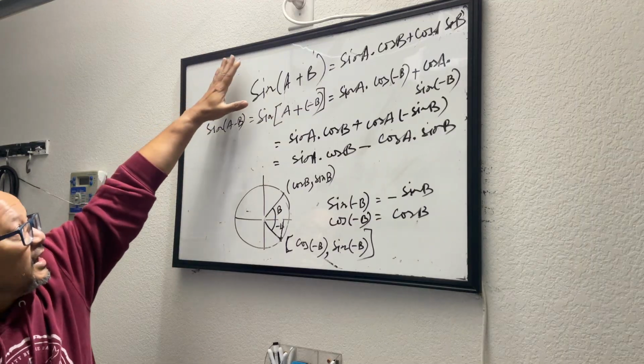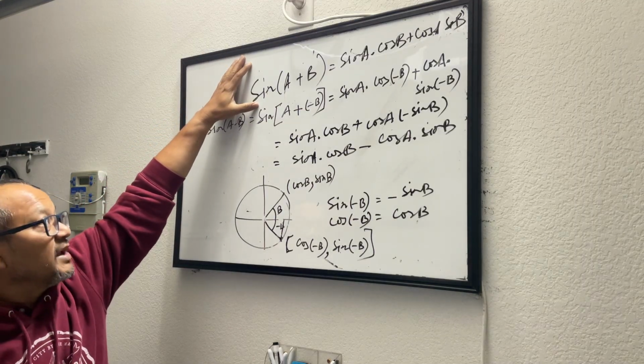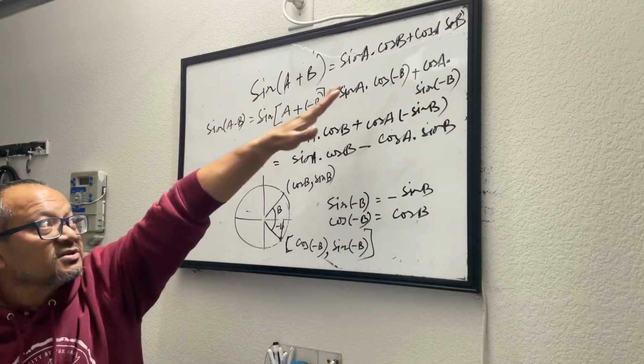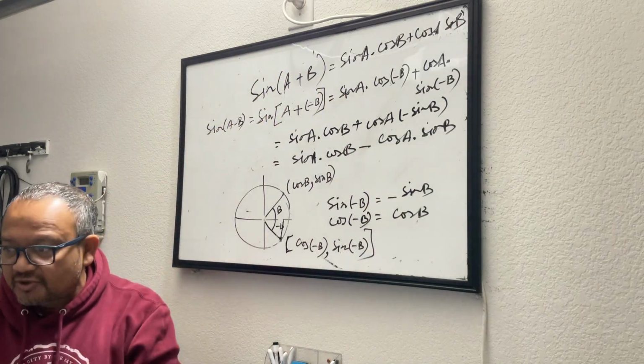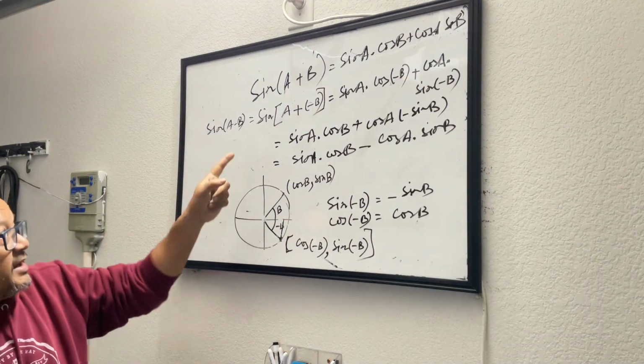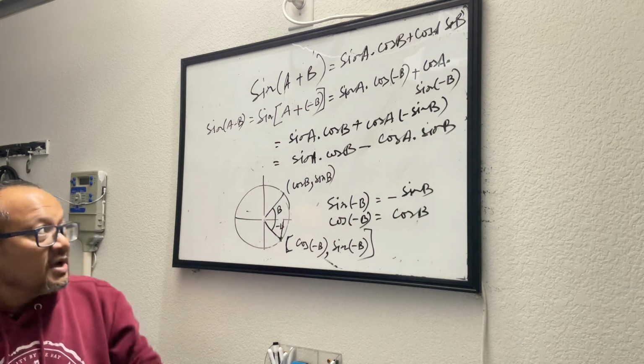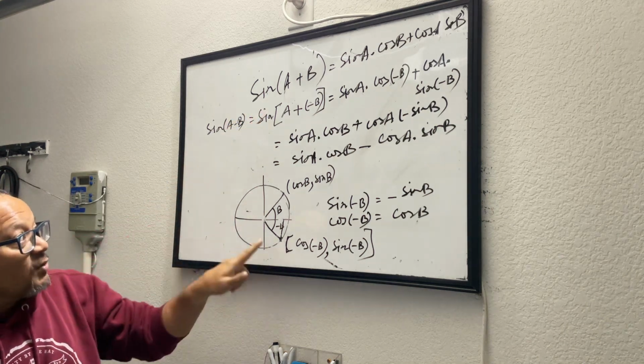The first formula that we learned, or started believing in, was sine of A plus B equal to sine of A cos B plus cos of A sine B, by drawing those two right angle triangles, one sitting on top of the other. And we did not want to draw the same picture.